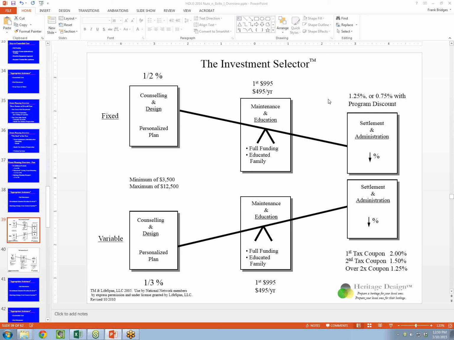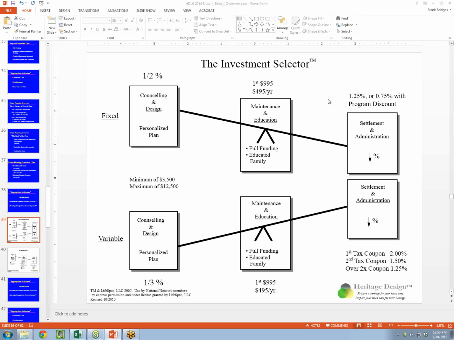we are committed to a fee structure that says that if we're doing the estate settlement, our fee is going to be no more than 1.25% of the value of the client's assets at the time of death. And if a majority of their helpers have actually participated in the education program, then we reduce the fee to 0.75% of the value of the assets at the time of death.